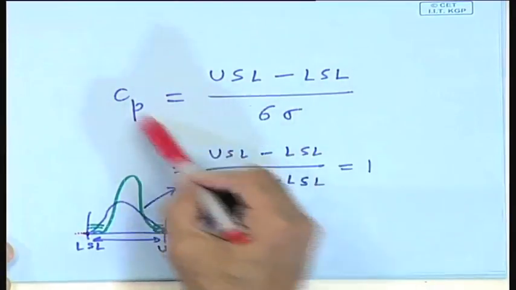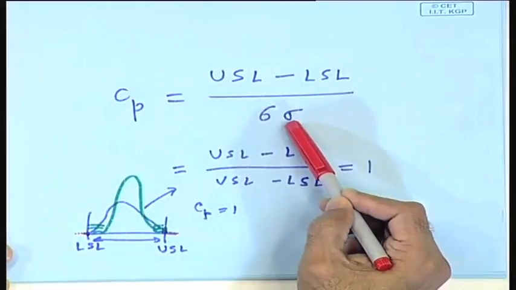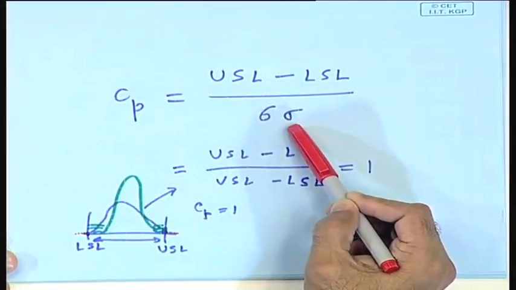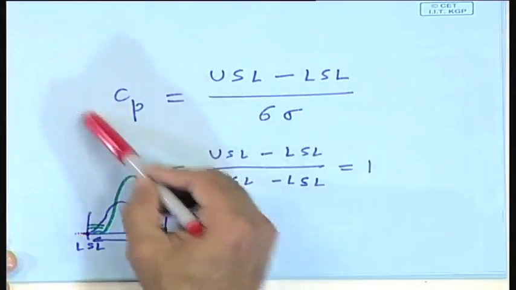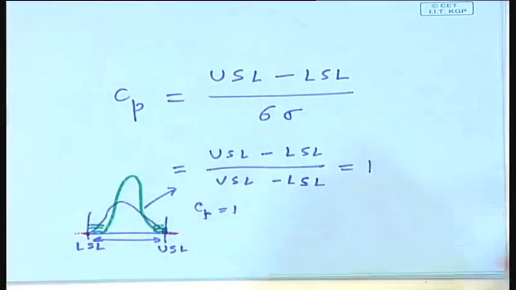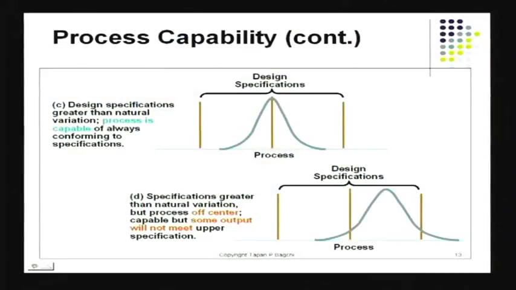It has variability sigma, but it does not in any place bring in mu. Therefore, this index is not capable of detecting a problem like the lower part of the problem here. This problem will not be detected if you measure your process capability using Cp only.